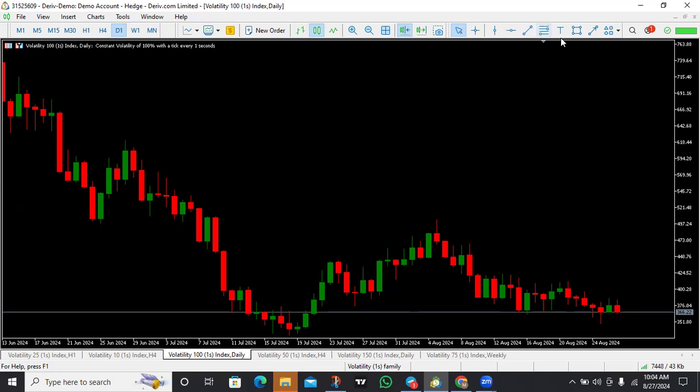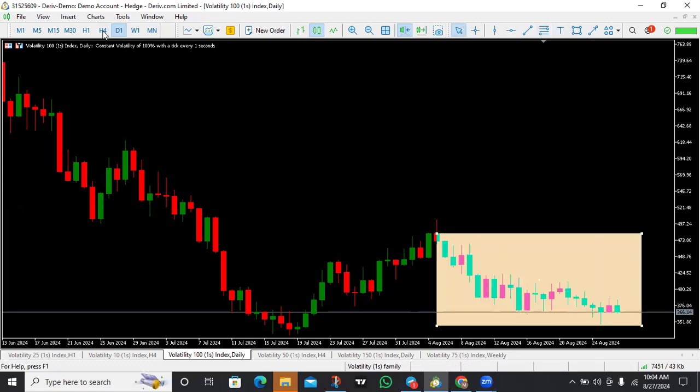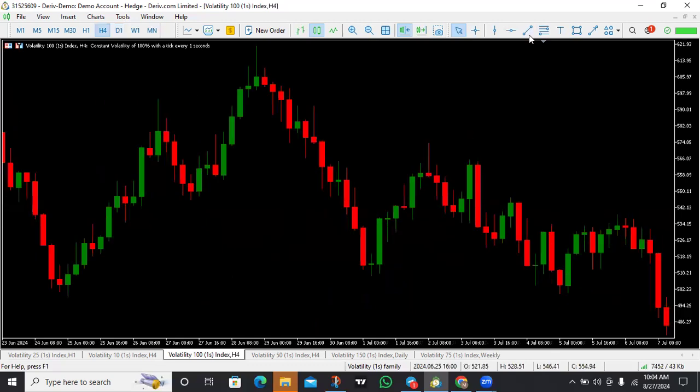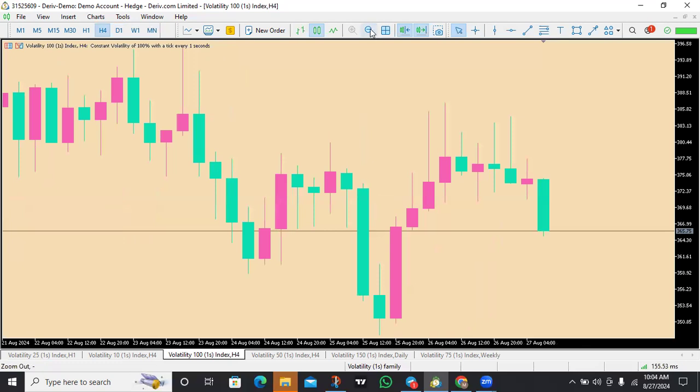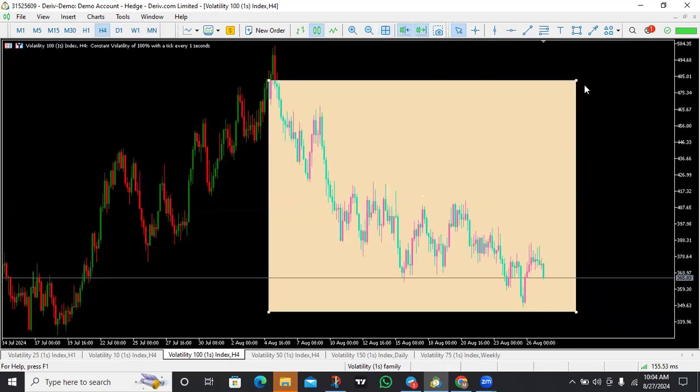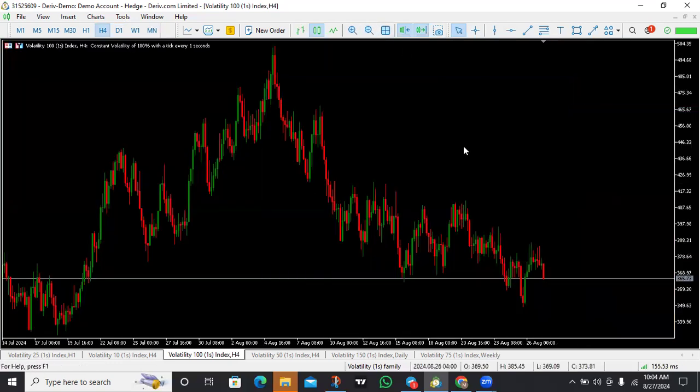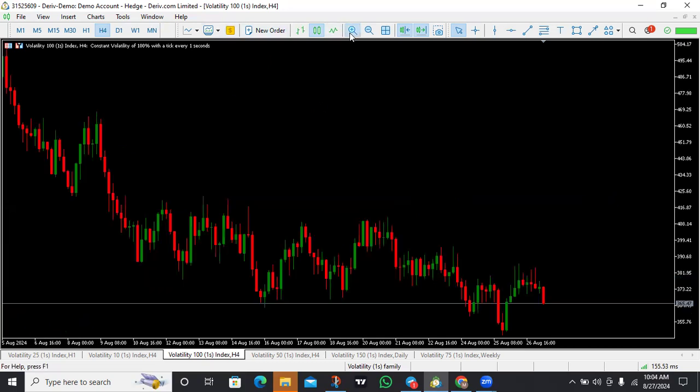So now we move to what? We move to the H4 time frame. So you see on H4 it is very, very clear because you know the momentum on the higher time frame.